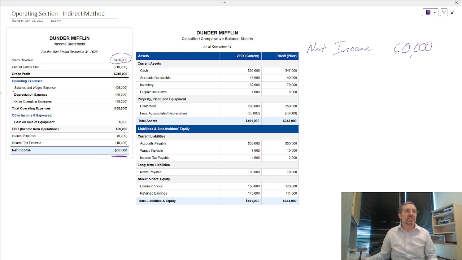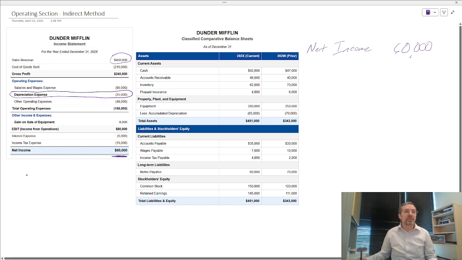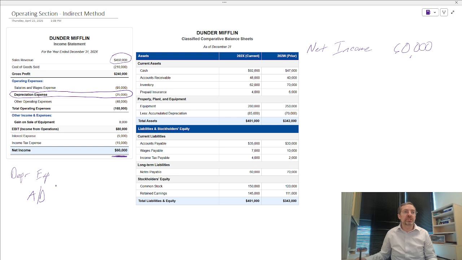And one of them stands out, and that is depreciation expense. The journal entry that we do is depreciation expense debit and accumulated depreciation credit. It never has cash in it. So we ask ourselves, if that is never cash, let's take that out of the whole equation.